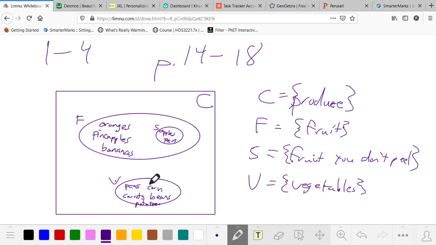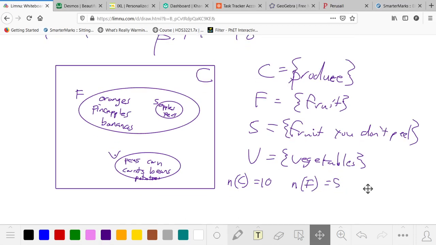So then using that, we need to find the number of elements of V using the number of elements of F and the number of elements of C. So the number of elements of C is 10. The number of elements of F is 5.